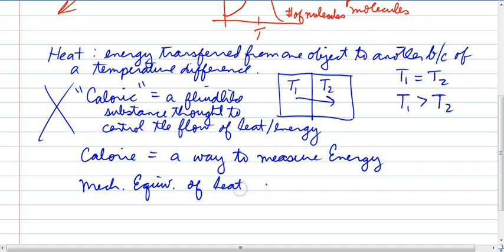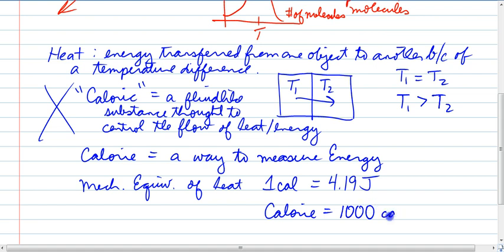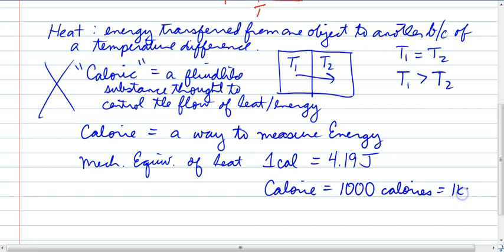And that basically says that 1 calorie is about 4.19 joules. Okay, and I should be careful, that's a little calorie like that, because there's also a so-called calorie with a capital C that's 1,000 calories with a little c. Sometimes it's called a kilocalorie. So when you look in your food and it says, oh, that this has 500 calories, you're talking about kilocalories.